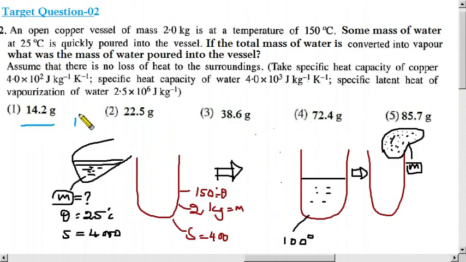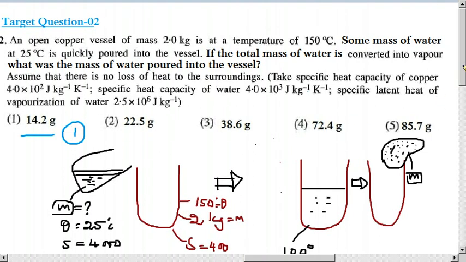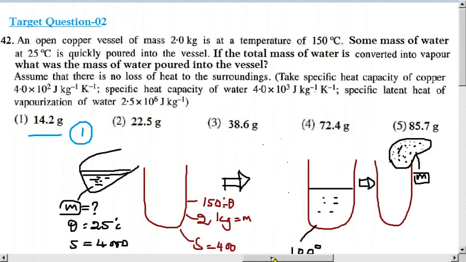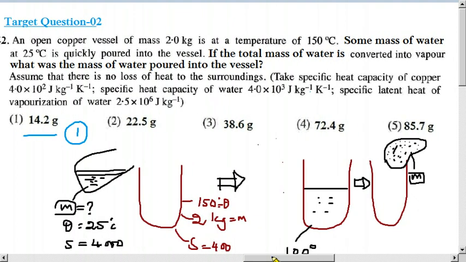Here the first one is the answer. What happened to you? Correct? Correct. Then you are a genius. You have understood about this heat capacity. If you are wrong, you have to do more exercises.